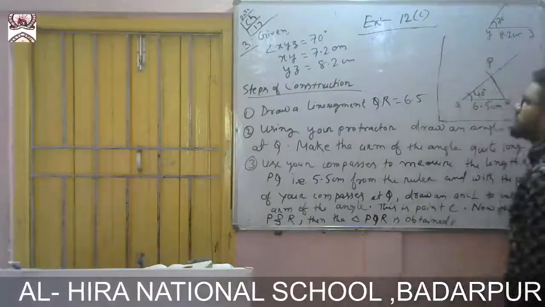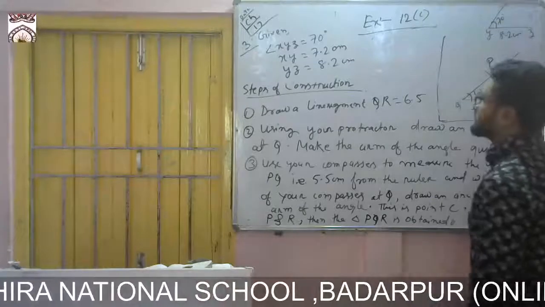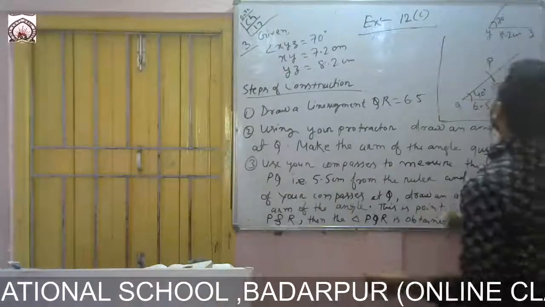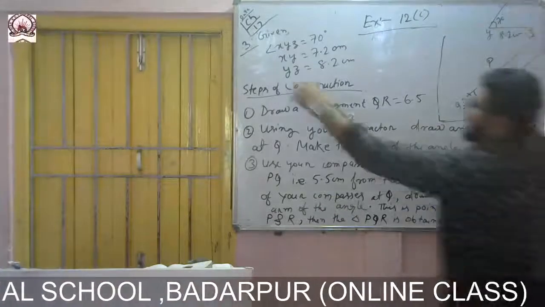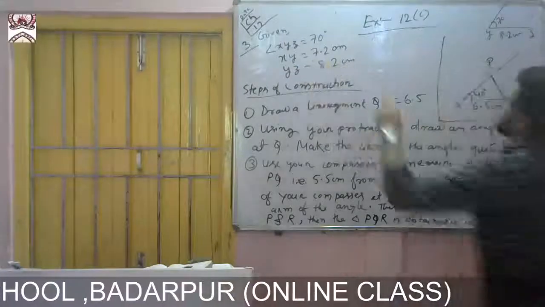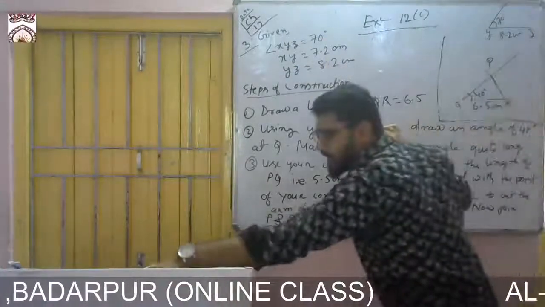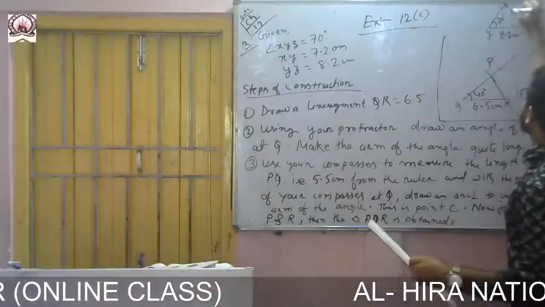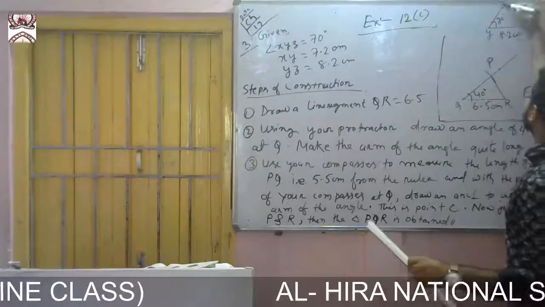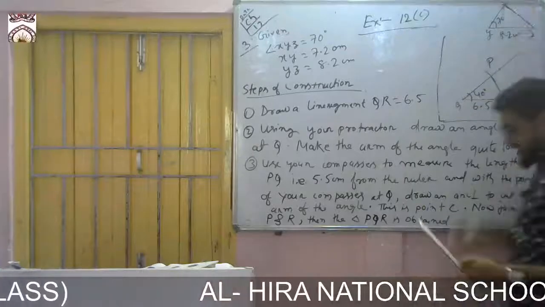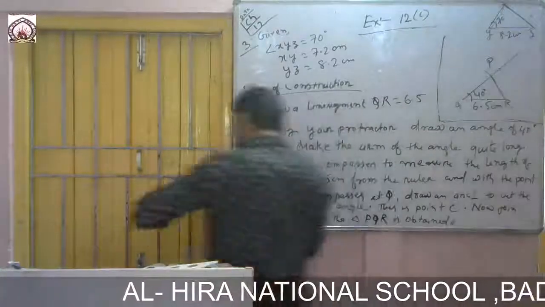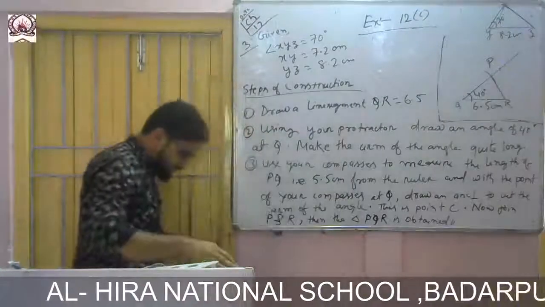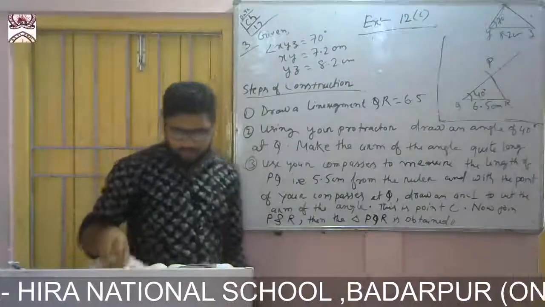Now how much are X and Y given? XY is 7.2, so from the ruler I shall take 7.2, then I shall cut here, and join this one. This is like earlier, all are the same.